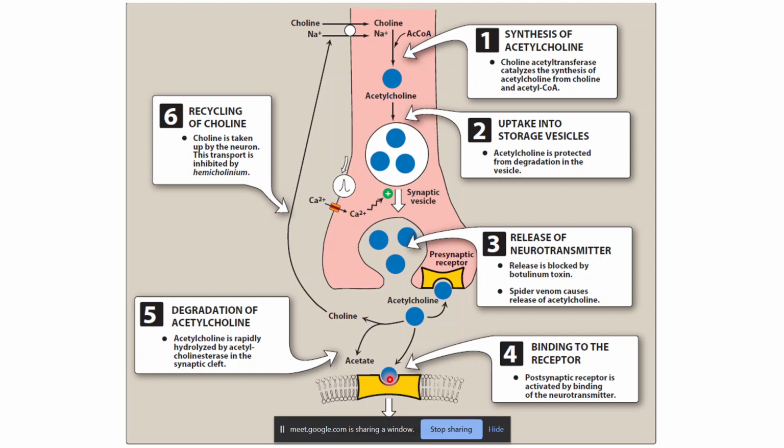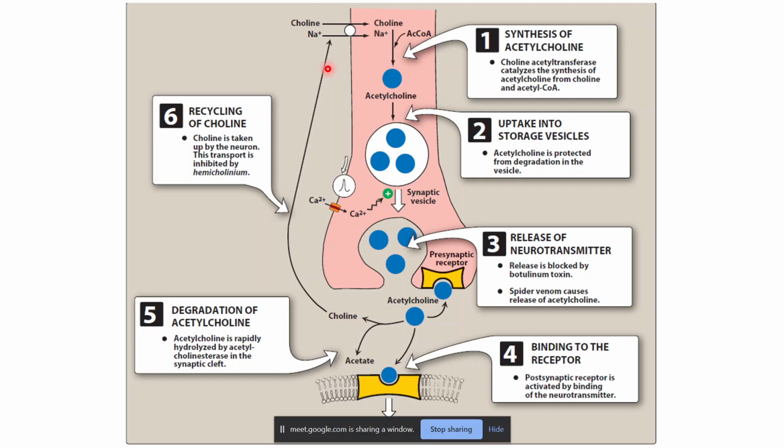Then the acetylcholine will be degraded by acetylcholinesterase to choline and acetate. Acetate will go to the blood, and the choline will be recycled by the nerve.